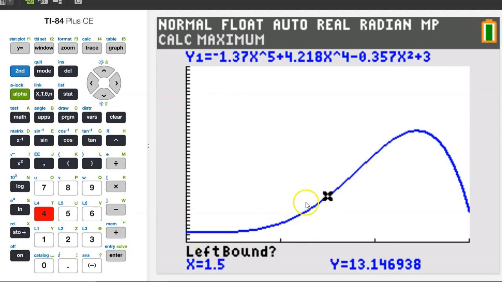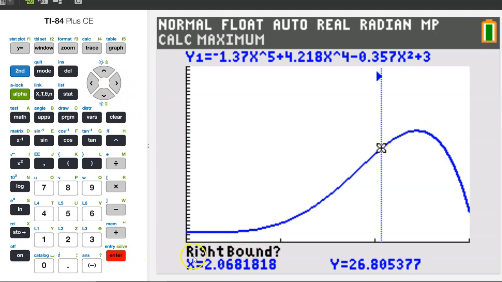Where it says left bound, make sure your pointer is anywhere to the left of where the relative maximum is. So where it is right now is fine. I'm going to move a little bit closer. So hit enter. Now it's going to ask you for the right bound. You want to move the pointer somewhere that is clearly to the right of the relative max.